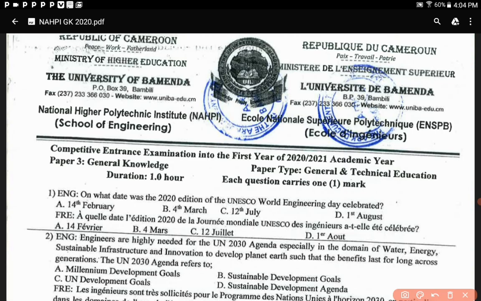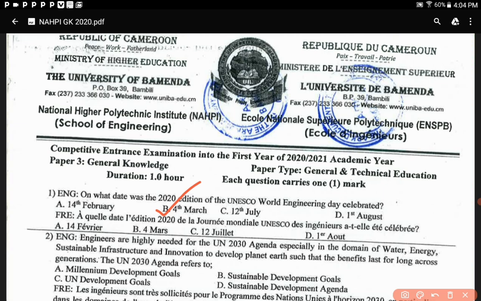So now when you look at the other options, they are already wrong. So the correct answer to this question is B, the 4th of March 2020. Now we move on to question 2.